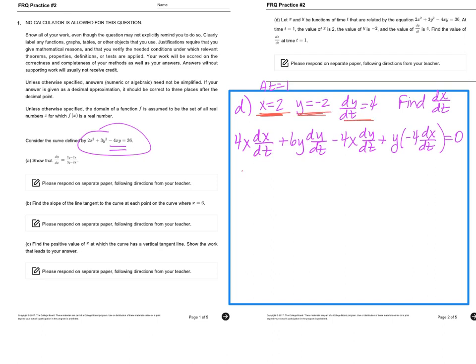So 4 times x, that would be 8 dx dt, plus 6 times y, that's -12 dy dt, and -4x, just be careful, -8 dy dt, and then this one would be plus 8 dx dt, I believe, equals 0.